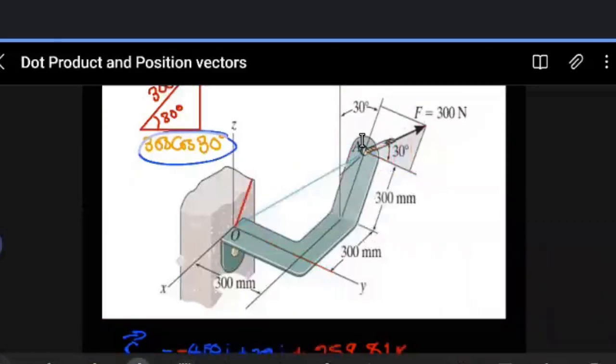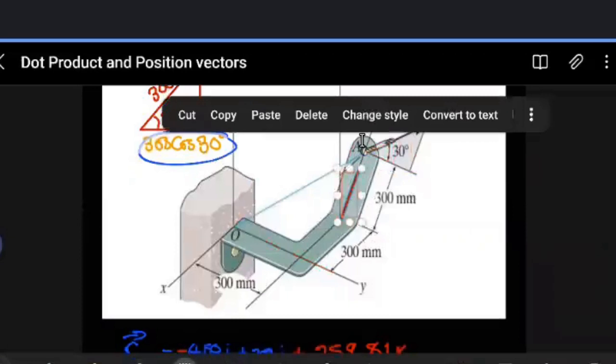So this one now only has an x and a z component, and if you look at it, the angle it makes with the z axis, don't you see that it's the same as this one? How far away this is from the z axis? Do you see that?